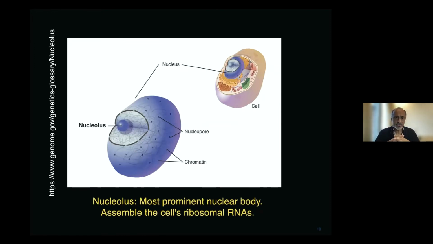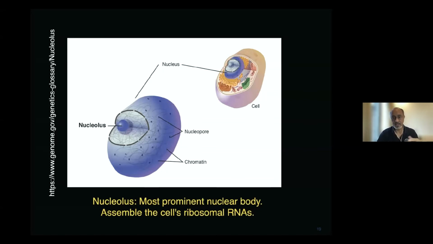So this is useful. Now, these questions really came up in the context of something within the nucleus called the nucleolus. That's a picture of the nucleolus. It's the largest sub-organelle within the nucleus, the most prominent of the nuclear bodies. What it does is assemble the cell's ribosomal RNA that's needed for ribosomes, which make proteins.